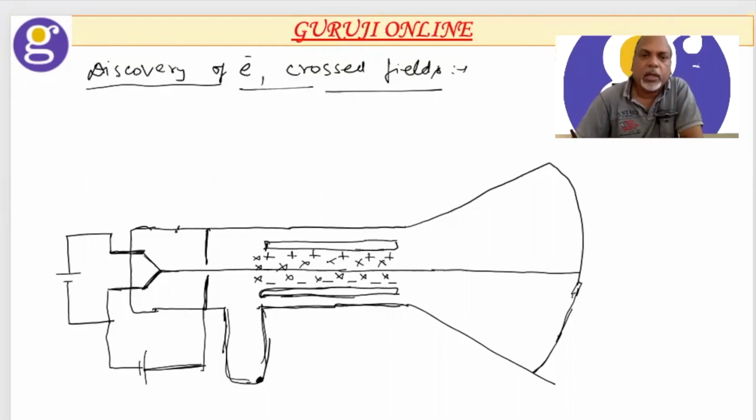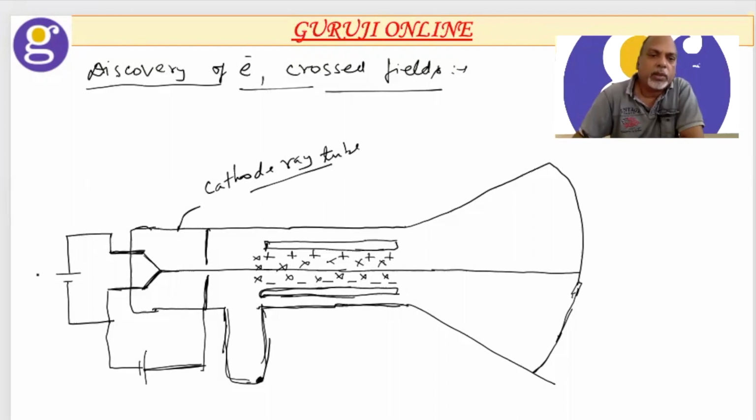What is there on the screen? This is basically a cathode ray tube. Here, this is a battery, and this filament is there. The electrons pass through this filament.